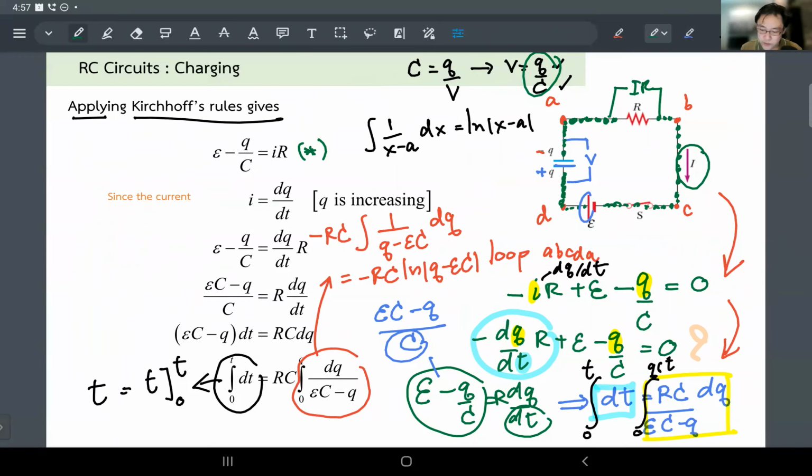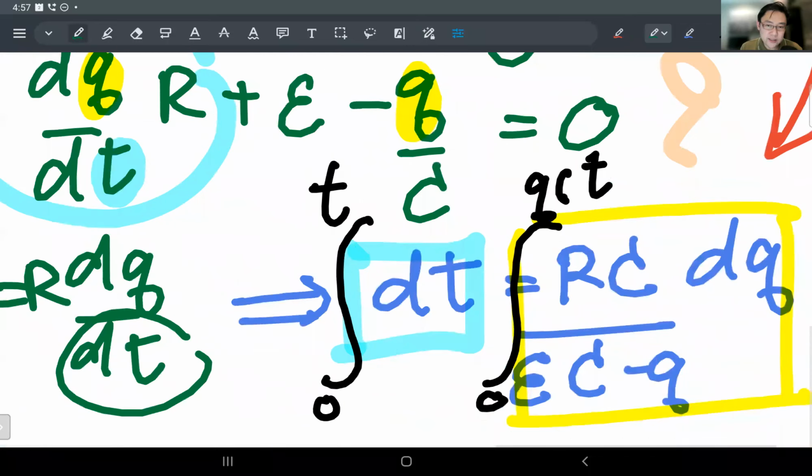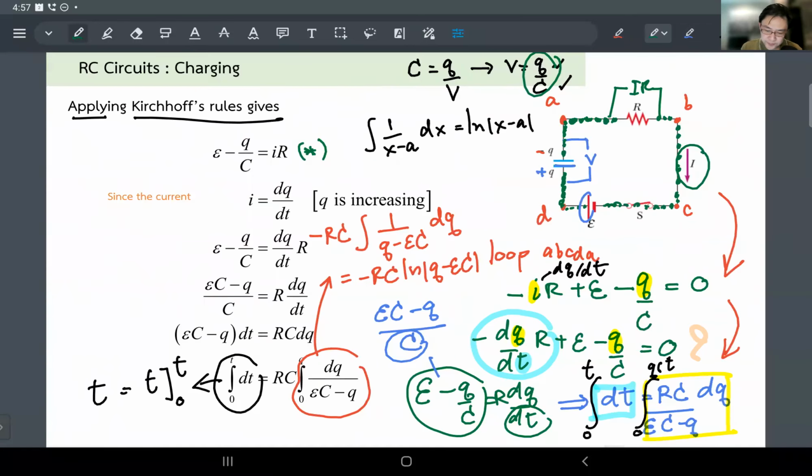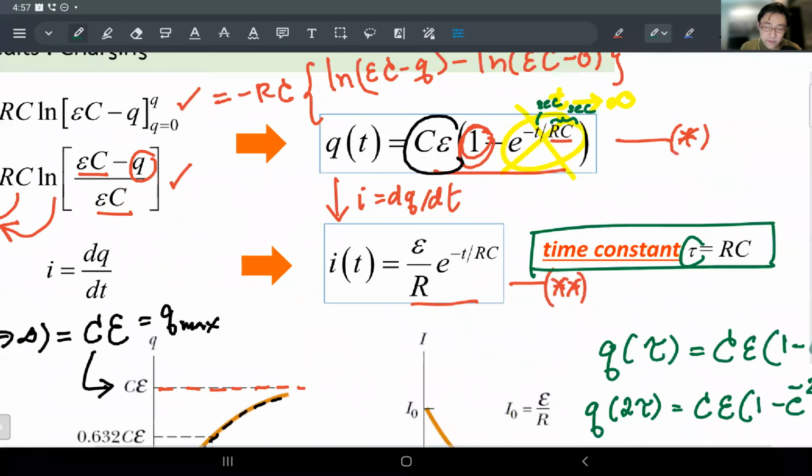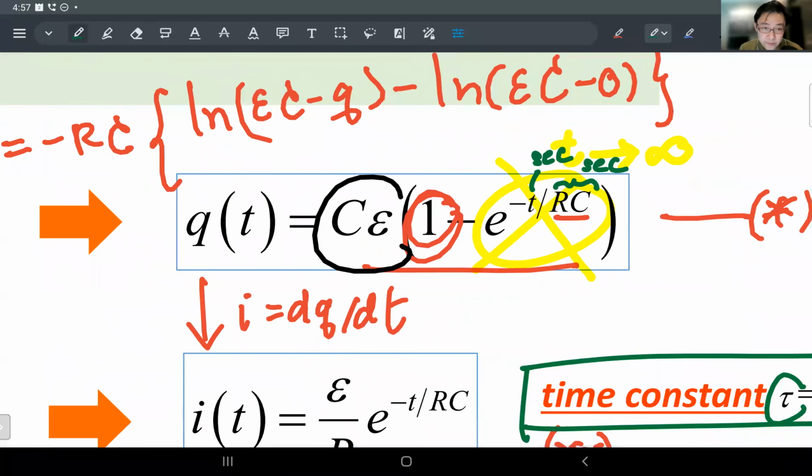To solve that one, you need a little bit of a trick in terms of doing some integration. But once you have that, the result gives you the exponential behavior. For the charge, it's growing exponentially, and you hit the maximum value right here of CE.